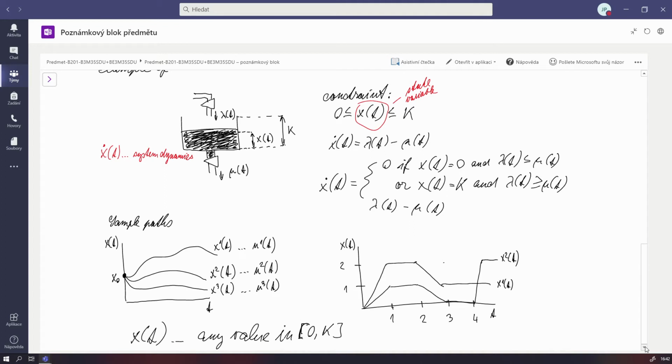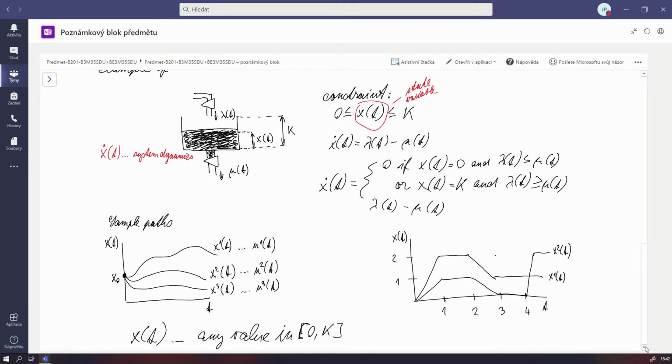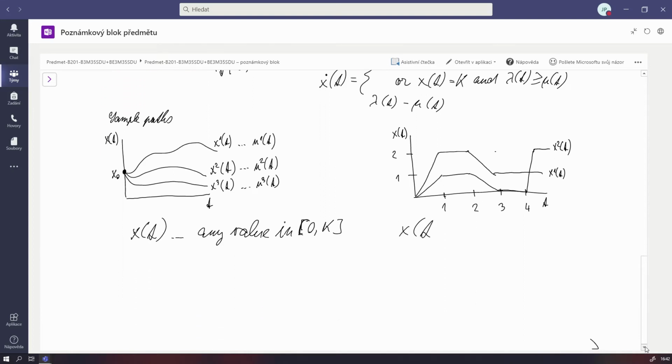In the discrete case, the state variable is represented by integer values.